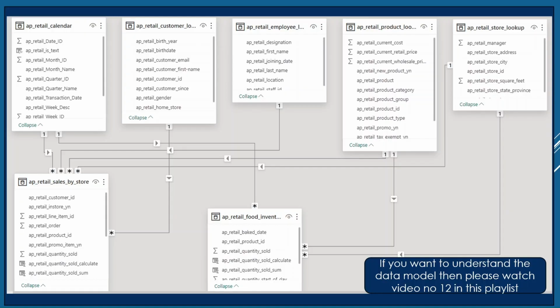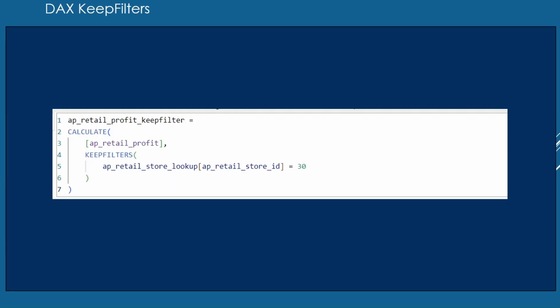This is the data model which I am going to use in this exercise. If you want to understand the data model, then please watch video number 12 in this playlist. Here, I'm creating a measure with the help of a CALCULATE function. This is the AP retail profit. I am calculating this AP retail profit, but I'm keeping the filter AP retail store ID 30.